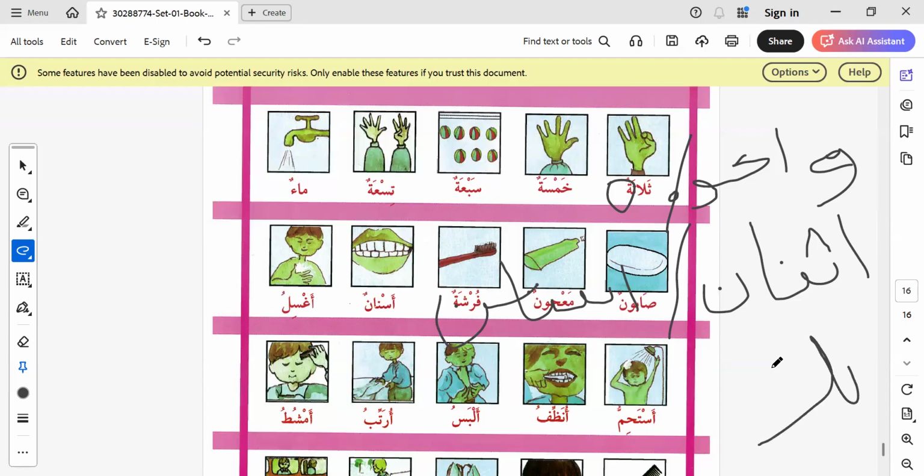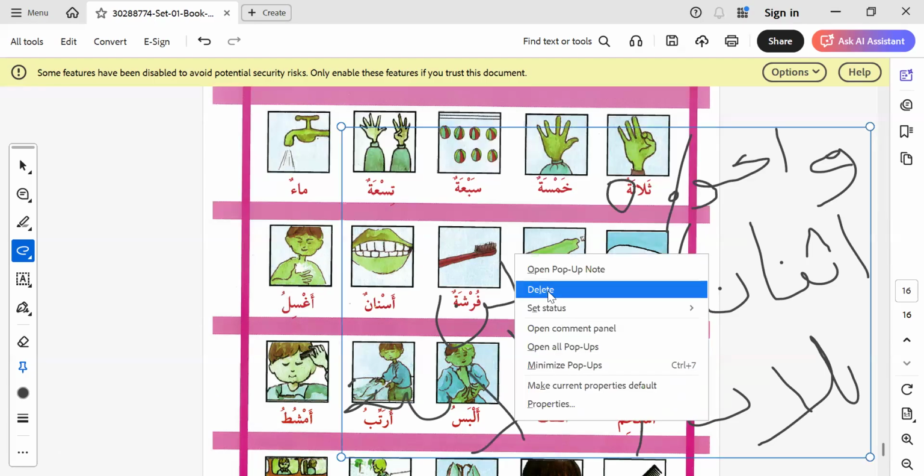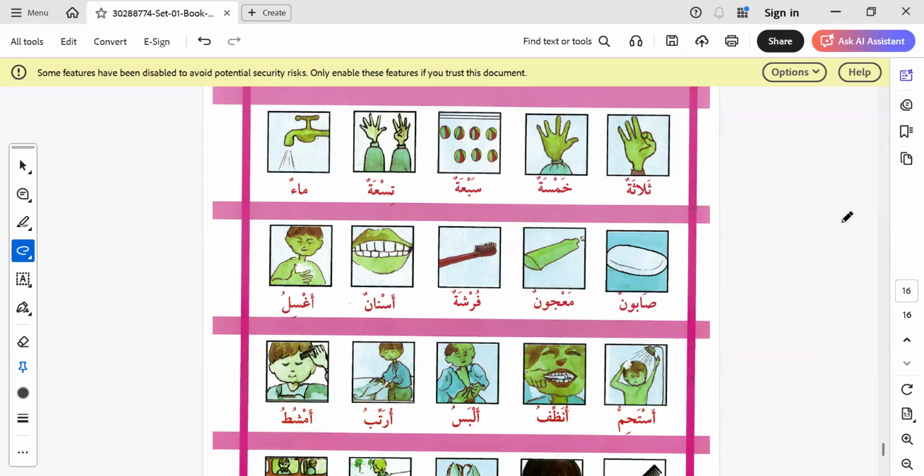So for three we say ثلاث, and what? ثلاثة with a ta. Okay, let's write it. So for four we say أربع, أربعة.